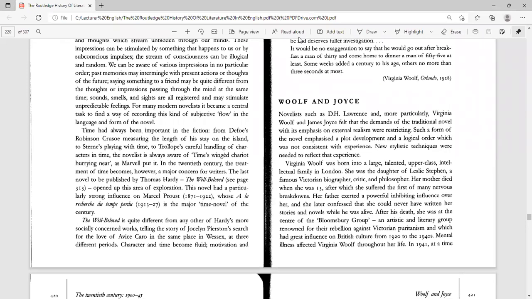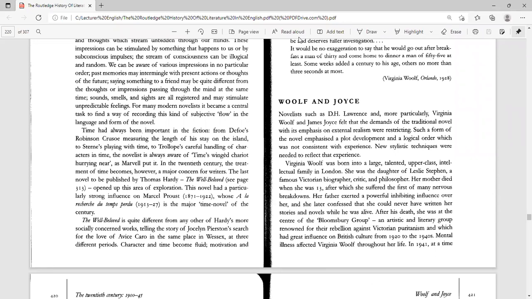Virginia Woolf, we see, raises a voice against the novels of Arnold Bennett. That's the continuity of the Victorian tradition, a realist tradition of the novel.